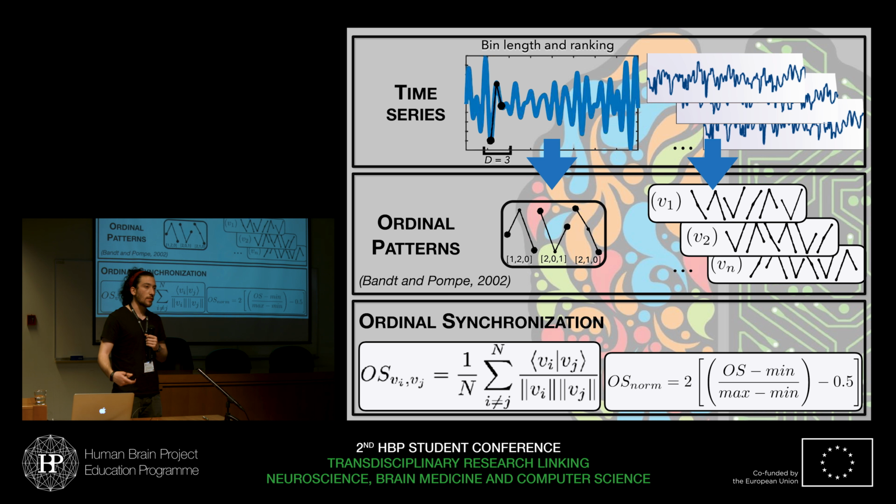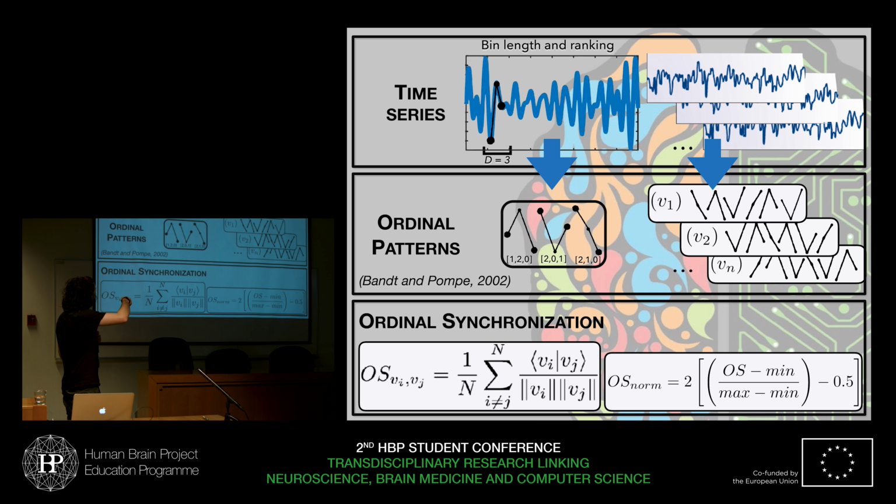We take time series, we chop them into different vectors, and we rank the values inside each vector. We compute the dot product, and we renormalize to get a value between -1 and 1. And the methodology is based first on ordinal patterns, which is this procedure of taking the time series, chopping it into vectors of different dimension, and ranking the values inside.